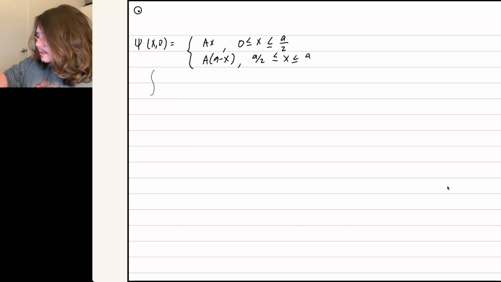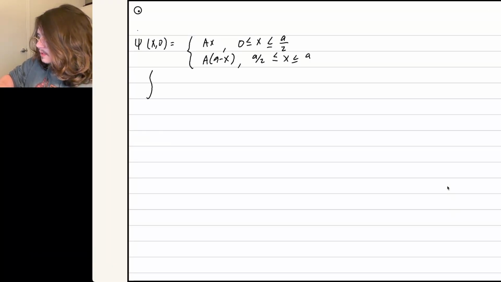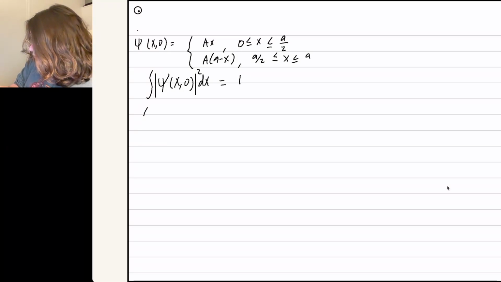So starting off, let's just throw together a normalization factor by taking the integral of the square modulus of the time-independent wave function over all space with respect to position, and setting it equal to 1, which is going to be a squared, 0 to a over 2, x squared dx.